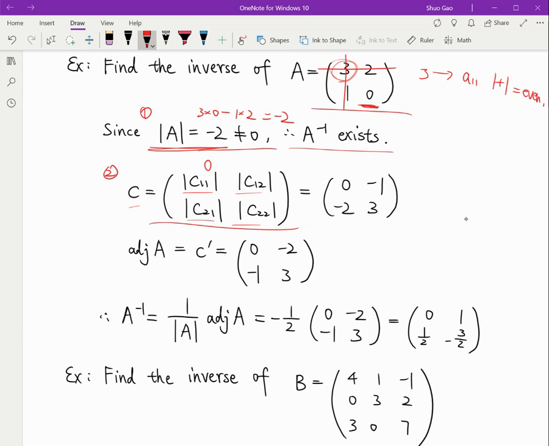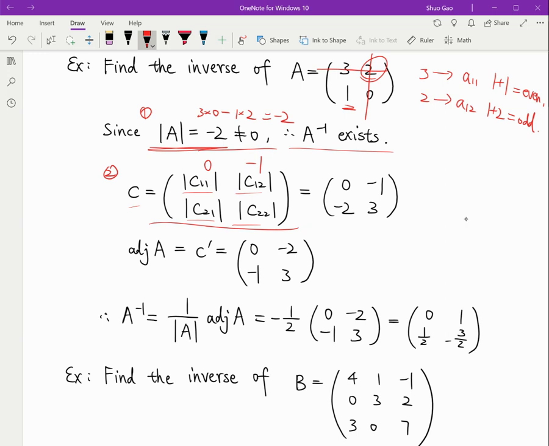And cofactor C12 should be the cofactor of the number 2 here. I first delete the first row and the second column, so we only have this scalar 1 left. For the sign, because 2 is A12, and 1 plus 2 is odd, we need to add a minus sign before the 1. So the cofactor of A12 is minus 1.